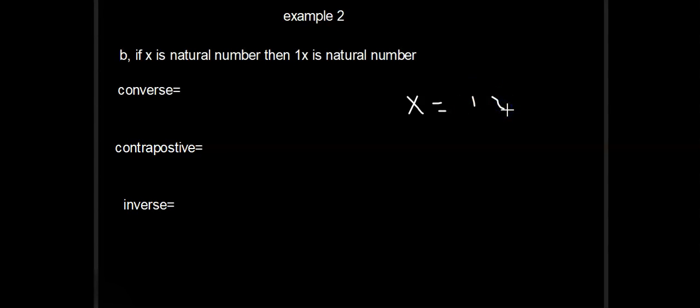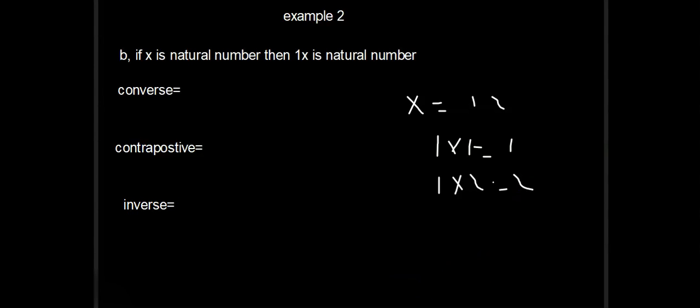So if x is a natural number, then 1x, which means 1 times 1 is 1, so 1 is a natural number. 1 times 2 is 2. So any number that's multiplied by 1 will be the number itself, so it will be a natural number. So this is actually a true statement. But that's not the concept.